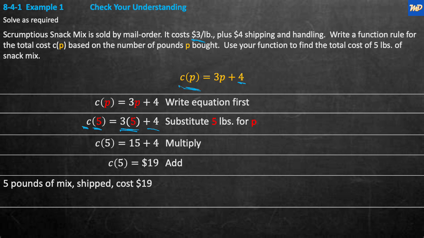Substitute 5 for every place there's a P. So the cost of 5 pounds is equal to 15 plus 4. 3 times 5 is 15, plus 4, so C of 5 is equal to 19. 5 pounds of mix shipped costs $19.